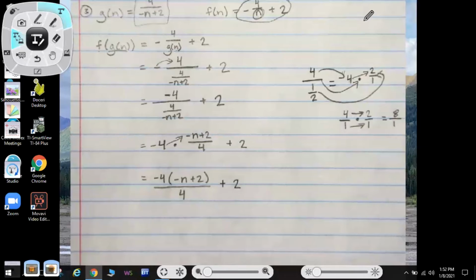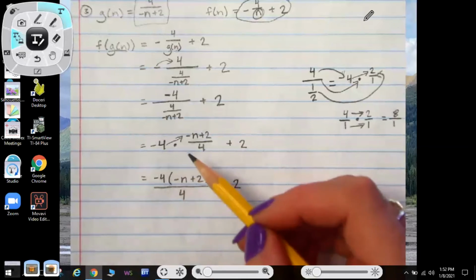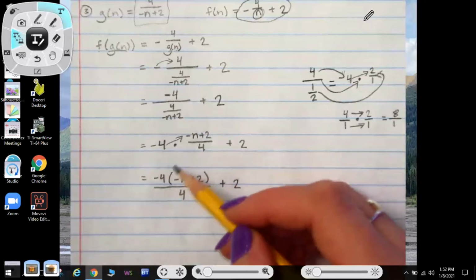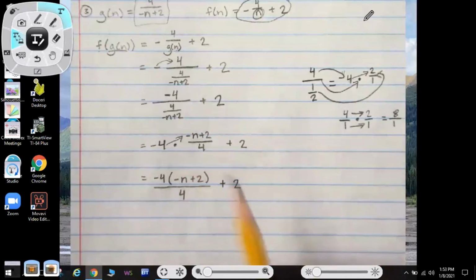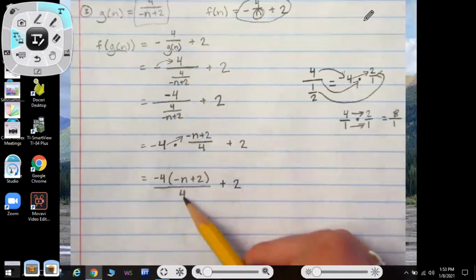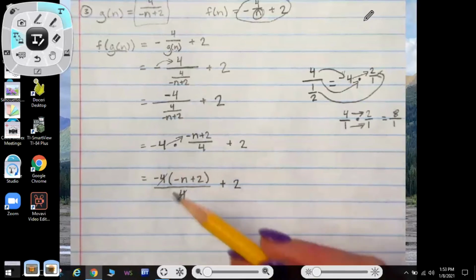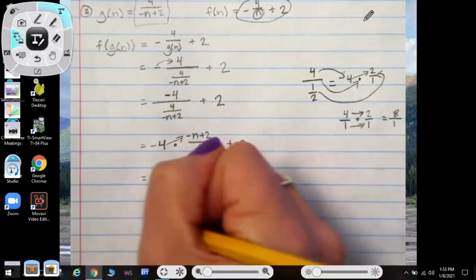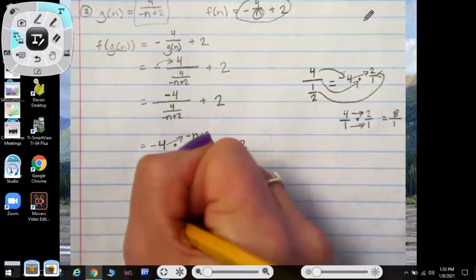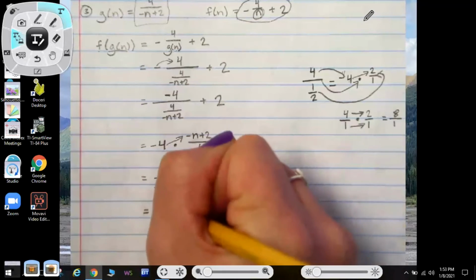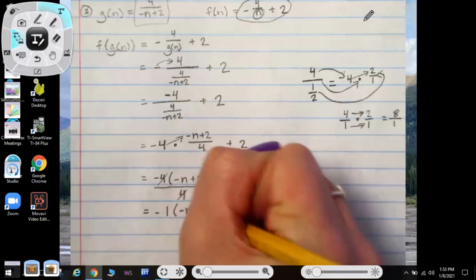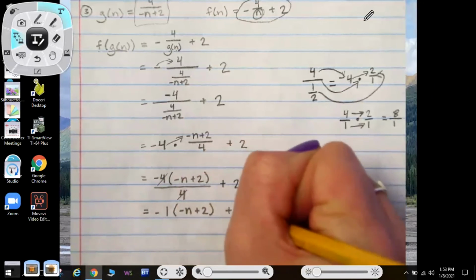From this point, there's a couple different ways we could work this. The easiest way, in my opinion, is just to say that this 4/4 divides out to be 1. So really we can just cancel those 4s. And we end up with -1 times (-n plus 2) plus 2.